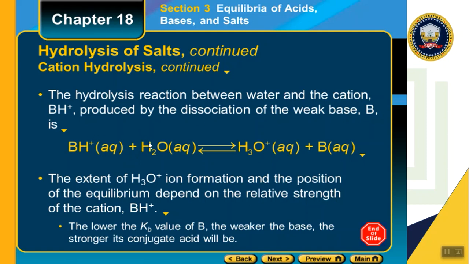It will donate this proton to the H2O to form H3O positive hydronium ion, and this B will release in the solution. So the solution contains H3O, which reflects the acidity of the solution. The extent of H3O positive ion formation and the position of the equilibrium depend on the relative strength of the cation BH positive.